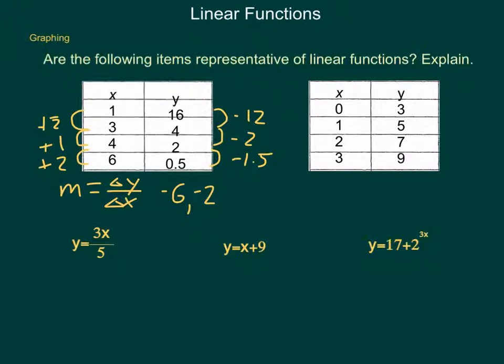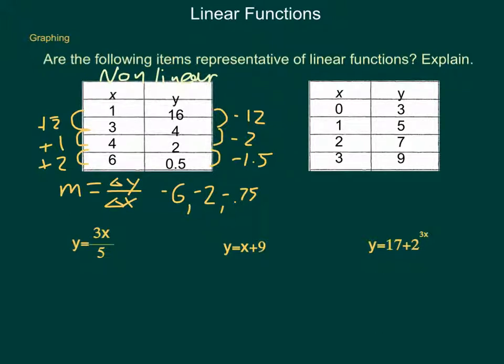Next, we have negative 1.5 divided by 2, and that gives us negative 0.75, or negative 3/4. Because our rates of change are not always the same, this is a non-linear function. So no, this is not what we're looking at right now.